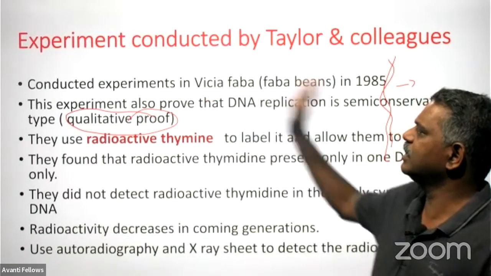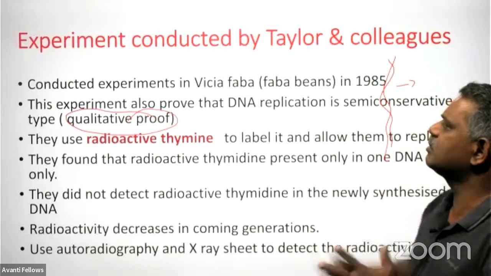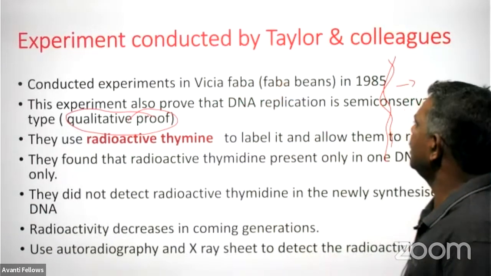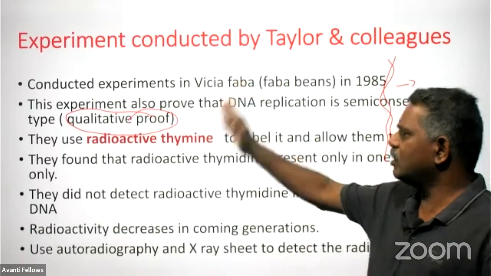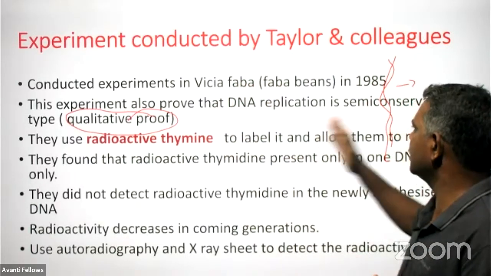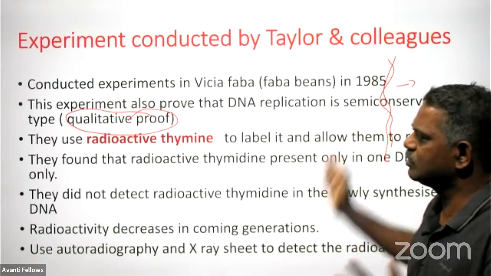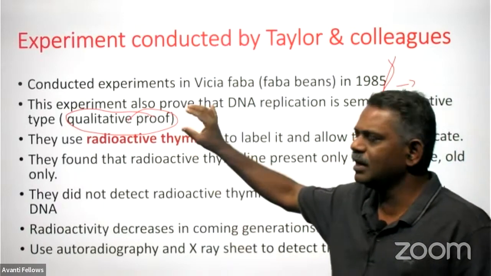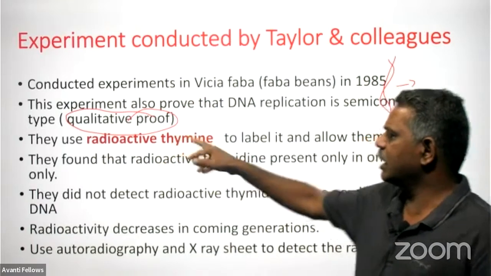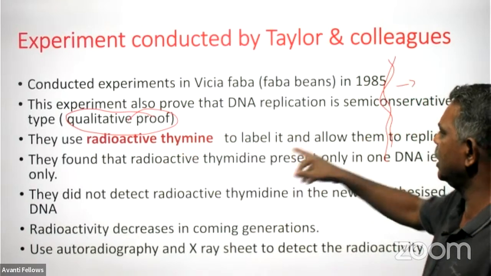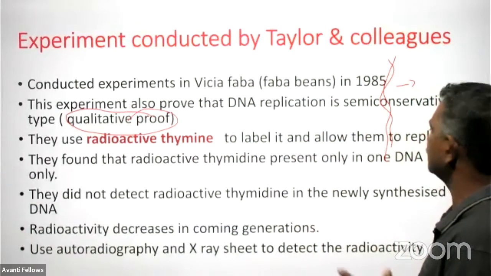So they conducted the experiment in a beans plant, Vicia faba, in 1957. And this experiment was also to prove that DNA replication is semi-conservative type, and it is the qualitative proof only. And here they used radioactive thymine to label it and allowed them to replicate.